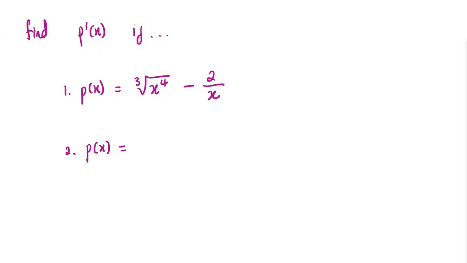Find the derivative of p of x if, number 1, p of x is equal to the cube root of x to the power 4 minus 2 over x, and then number 2, p of x is equal to the fourth root of y to the power of 6 minus 2 all over y cubed plus y divided by 2.